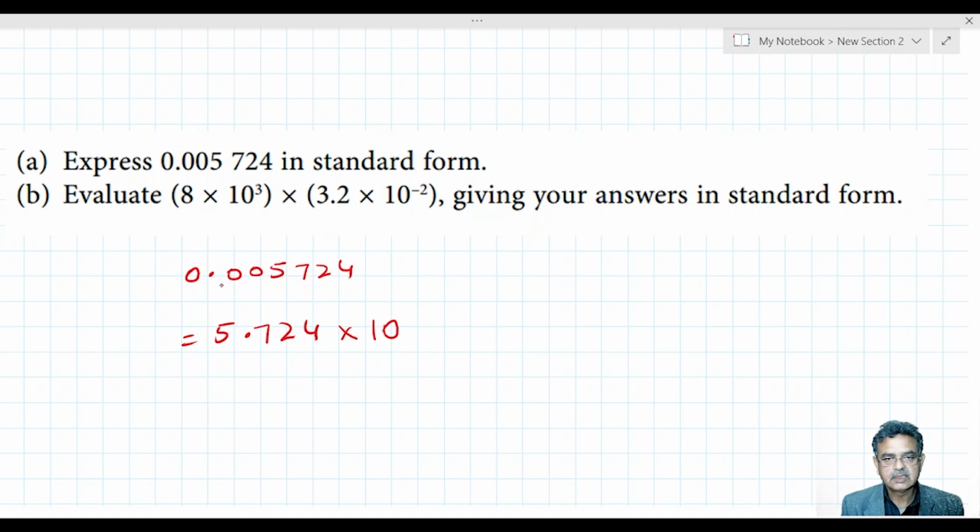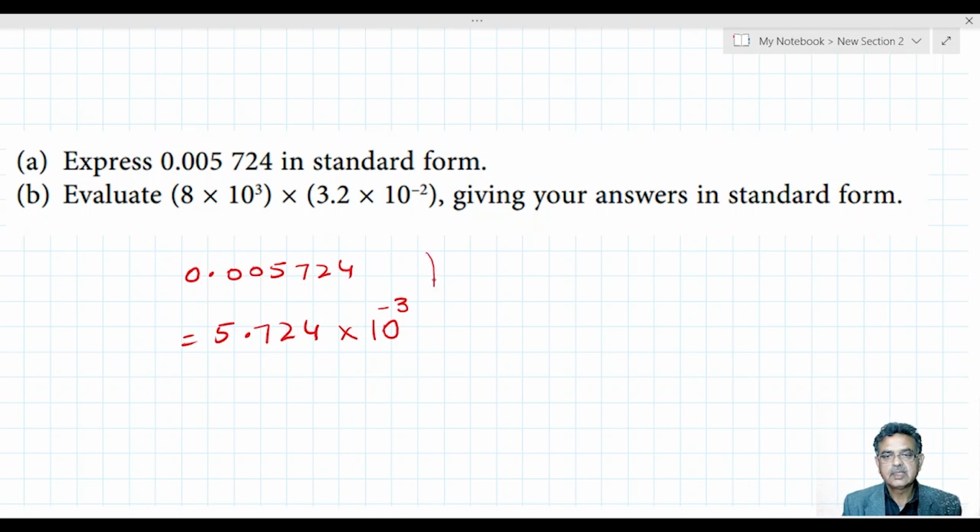As this decimal is moved to this side to make the value larger, this 5 has become larger than the given value. So we have to adjust it with a negative power equivalent to 3 digits. So that will be 10 power minus 3.